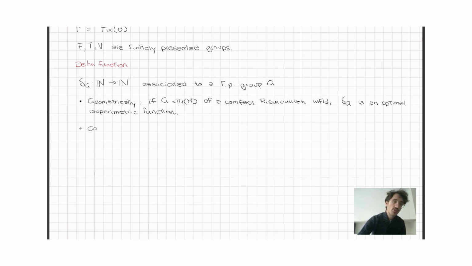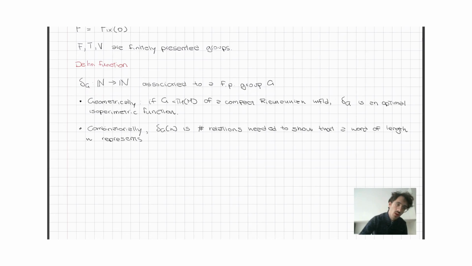And there's also a combinatorial way to see this. If one fixes a presentation, then delta G of n is the number of relations needed to show that a word of length n represents the trivial element.